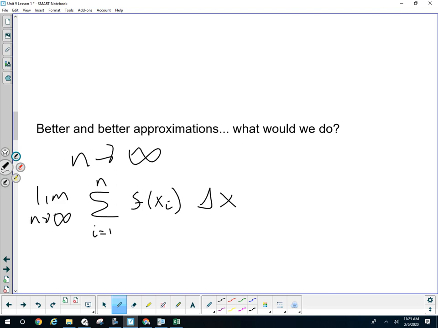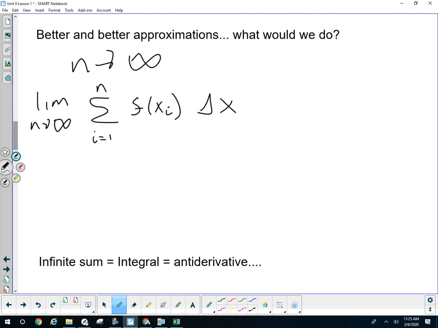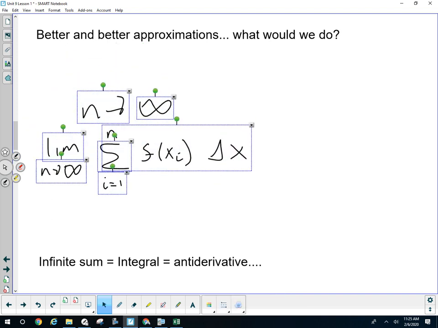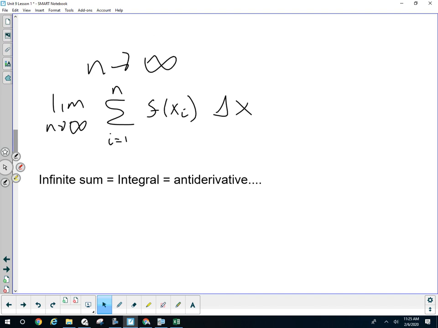Now guess what, guys? The integral that we've been using, that you thought came from just a notation for an antiderivative? It's kind of a chicken and egg situation, but it turns out the origins of the integral were from here. This is an infinite sum. It's a sum of an infinite amount of things, okay?